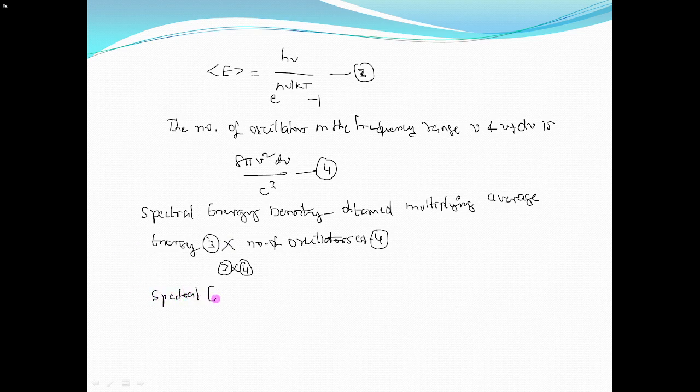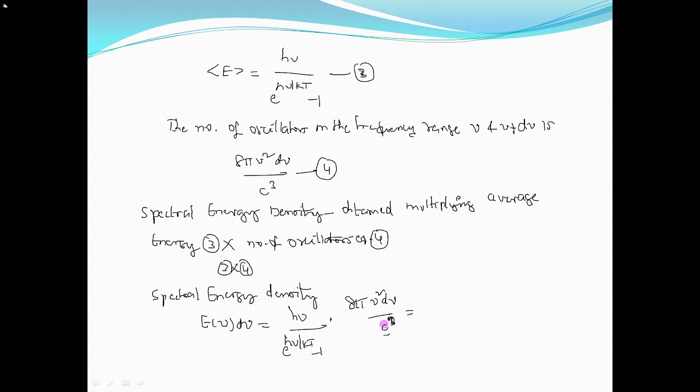Now the spectral energy density E nu d nu is given by multiplying these two: h nu divided by e power h nu by kT minus 1, into 8 pi nu square d nu by c cube.